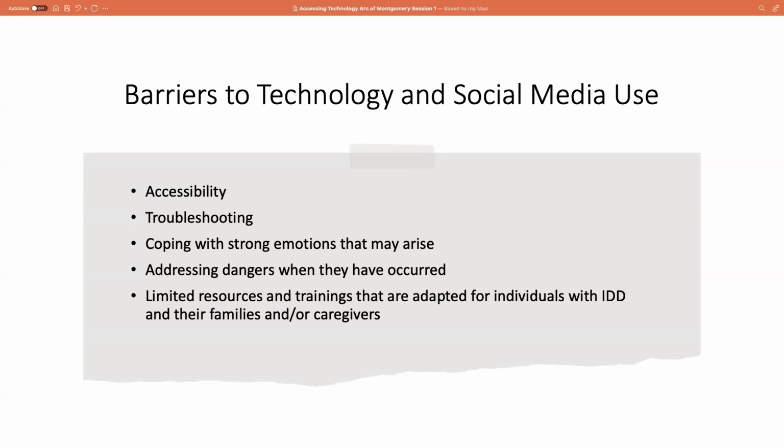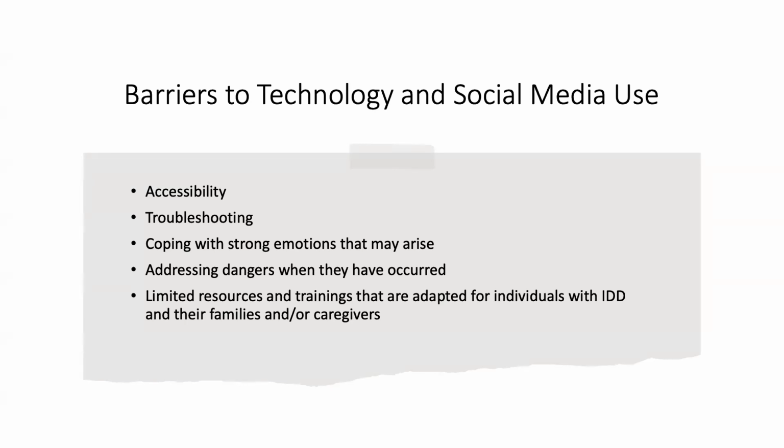We'll talk about that. The other big barrier to social media use for individuals with IDD is limited resources, limited training, especially those that are adapted. They use visuals, they use clear language, and all of these evidence-based teaching practices for individuals with intellectual and developmental disabilities.